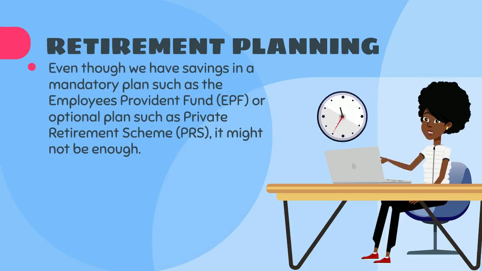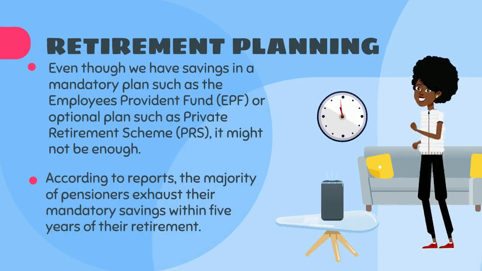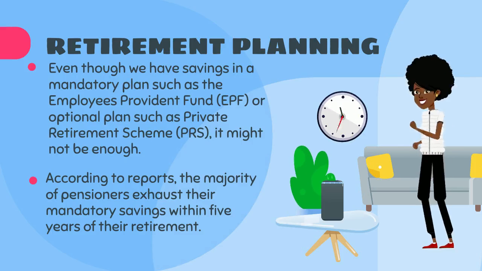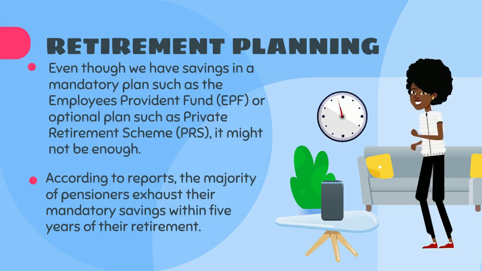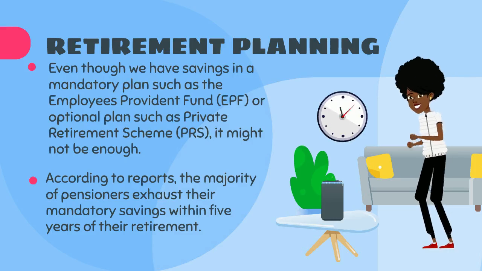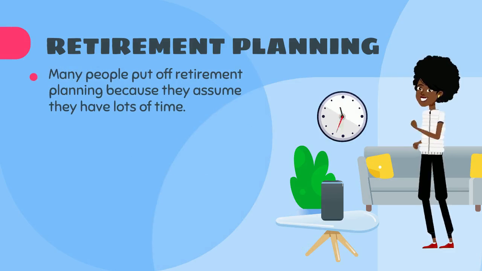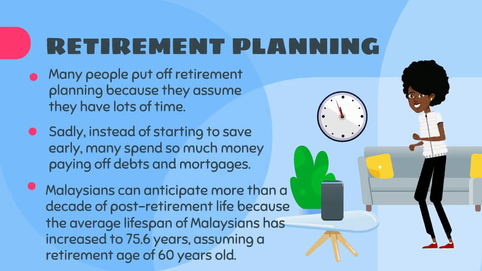Even though we have savings in a mandatory plan such as the Employees Provident Fund (EPF) or optional plans such as the Private Retirement Scheme (PRS), it might not be enough. According to reports, the majority of pensioners exhaust their mandatory savings within 5 years of their retirement. Many people put off retirement planning because they assume they have lots of time.